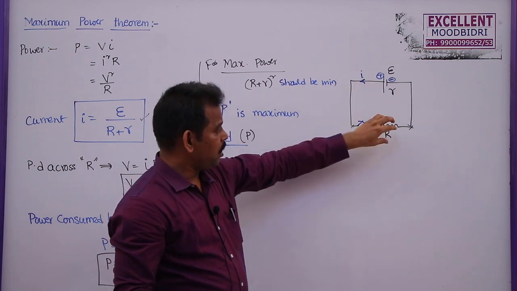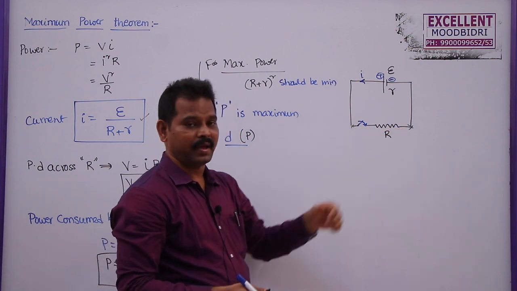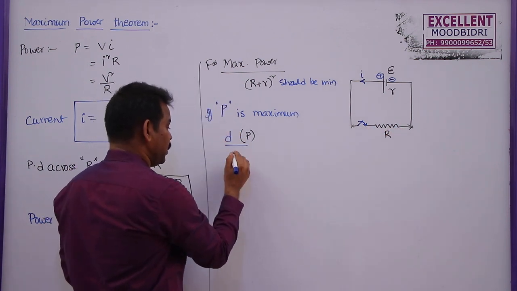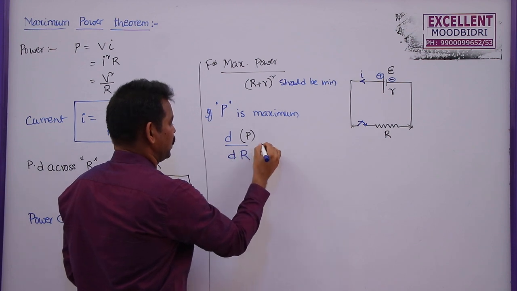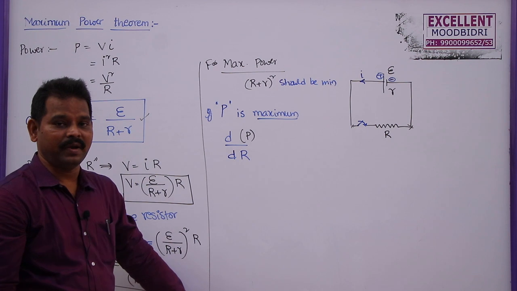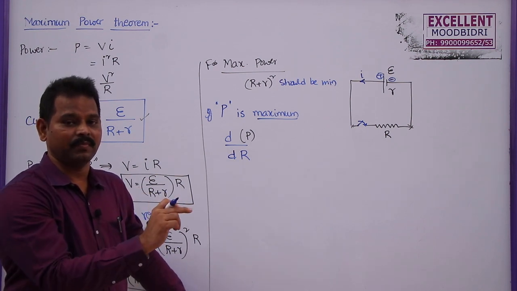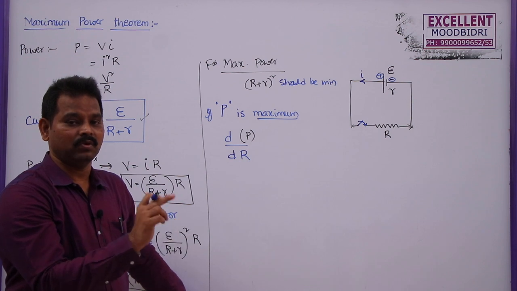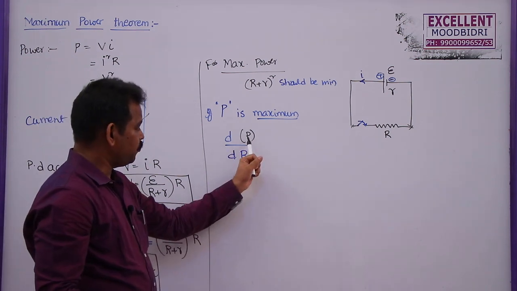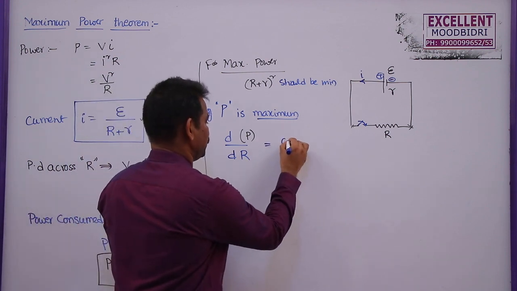For what value of capital R is the power consumed by the resistor maximum? So, differentiate power with respect to R, and as the power is maximum, already we studied in the maxima minima chapter in mathematics that whenever a function is maximum, its derivative must be equal to 0. Here, the derivative of power with respect to R is 0. So, I am going to take this as 0.